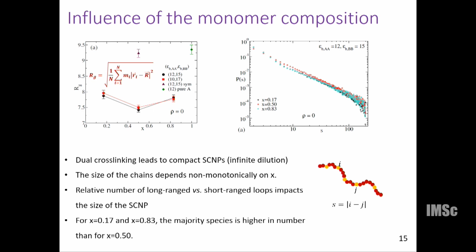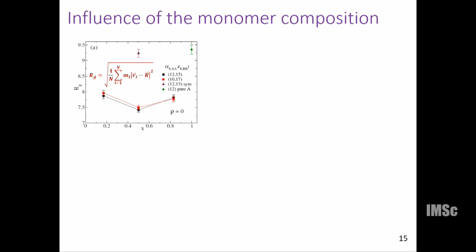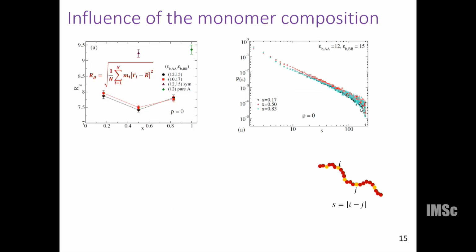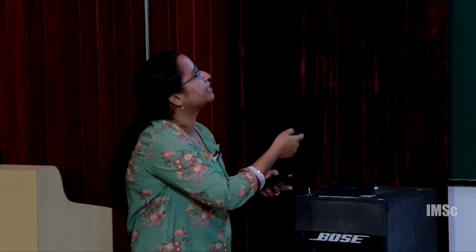For x equal to 0.5, let me show you how many reactive monomers we have. This belongs to x equal to 0.5. A given type of reactive monomer which can form bonds is only 30 here, whereas in the other two cases it's 50. So to see monomers of the same type, they have to form a long range loop as compared to the other two cases.